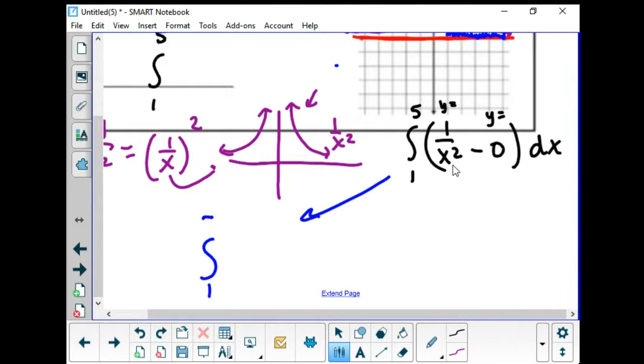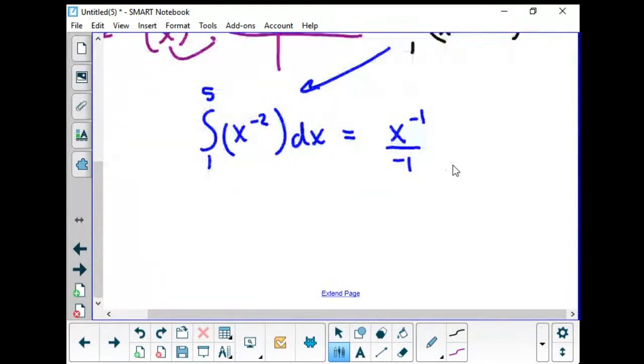So this is from 1 to 5, x to the negative 2 dx, because 1 over x squared is equal to x to the negative 2. So that's x to the negative 1 over negative 1 from 1 to 5. It's not going to be a negative answer. You definitely see a positive area there.